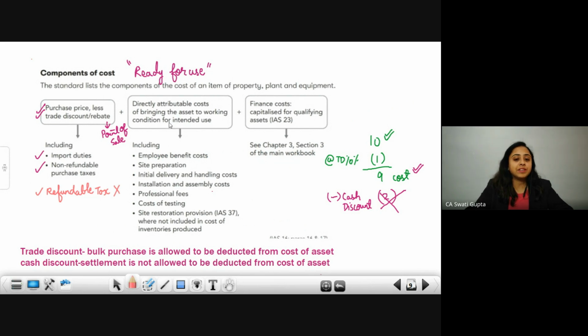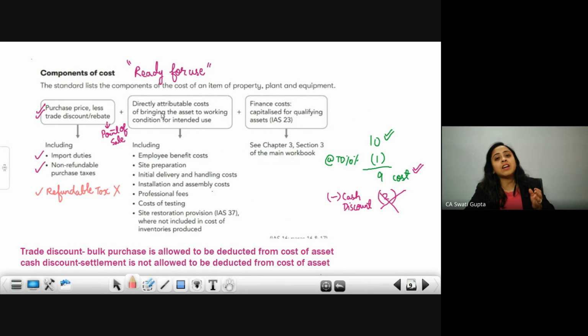Okay, next question. There are so many costs available. How do you segregate which one to capitalize and which one not to? Okay, any cost that has been incurred that was necessary, that was unavoidable to bring the asset to a condition which is ready for use, those costs are eligible for capitalization and can be added to the PPE.